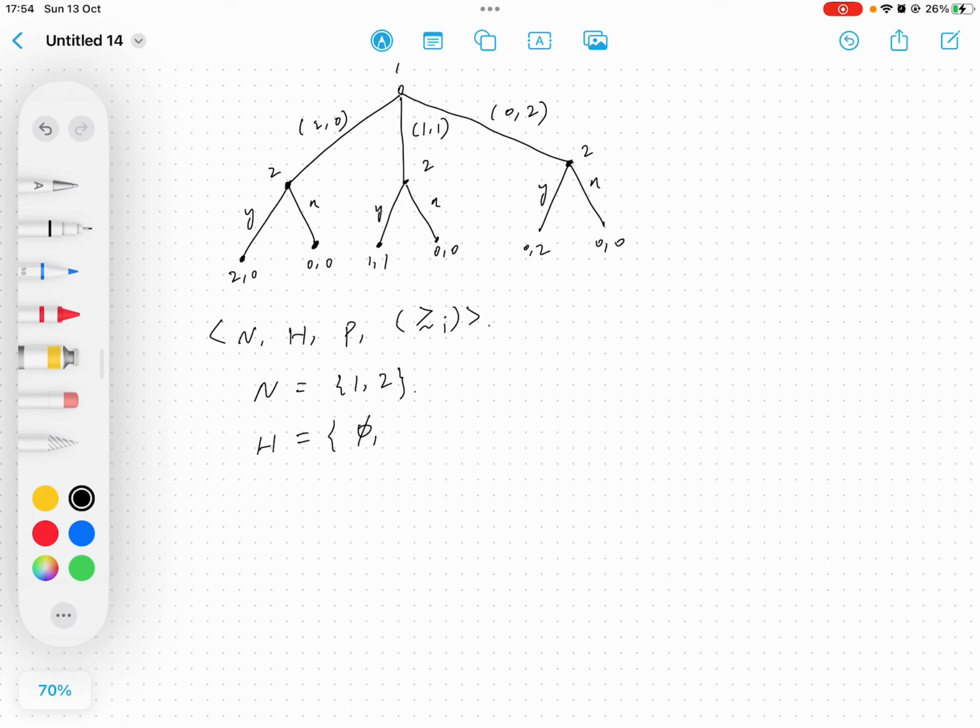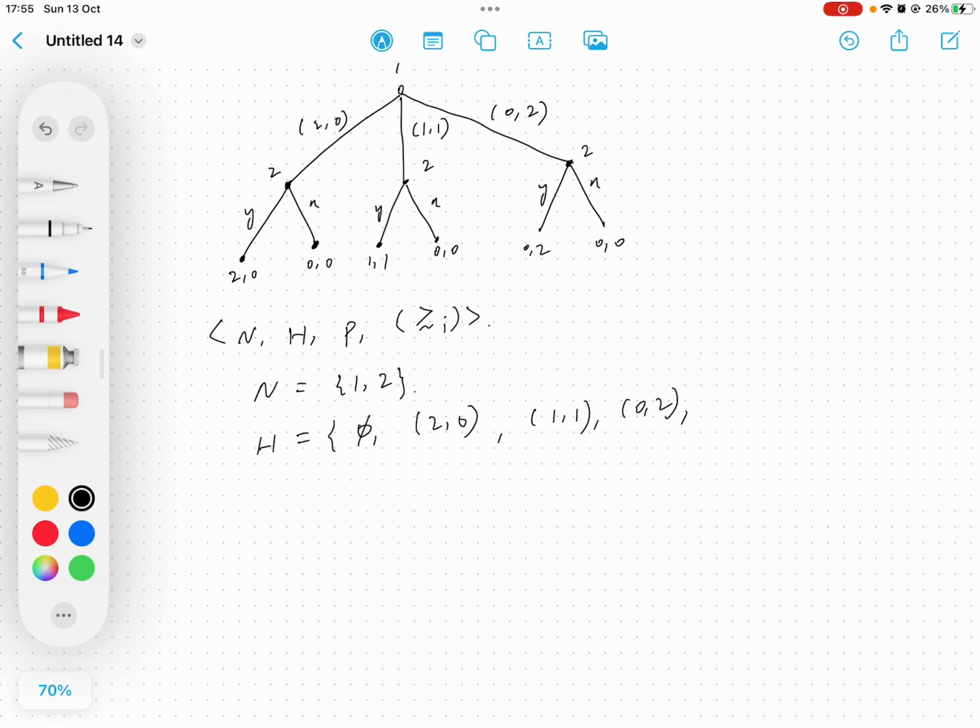Then 2 0, so the left action from player 1, or 1 1, or 0 2. Those three actions could just be histories for this game.